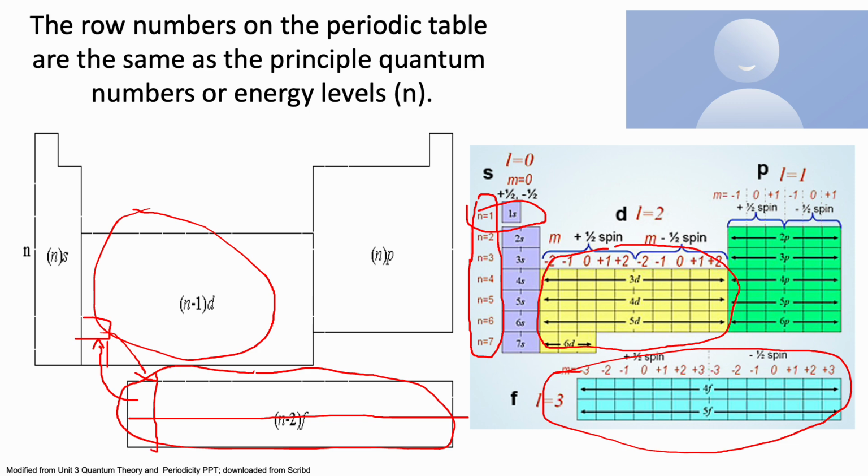And so this first row right here would be row number 6, and so it would be 6 minus 2. So all these would be on energy level 4, because 6 minus 2 is 4. And this would be 7, so that would all be 5.